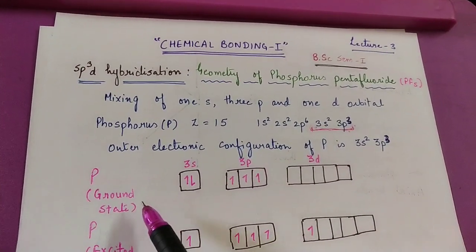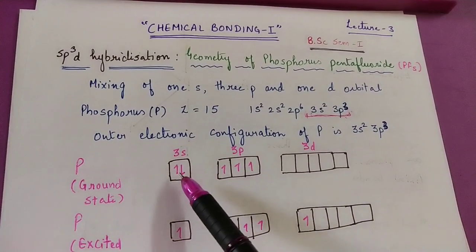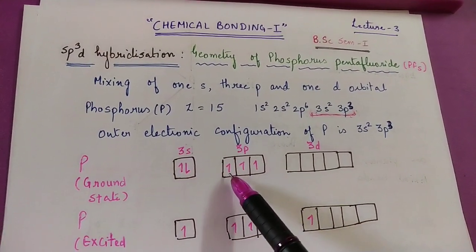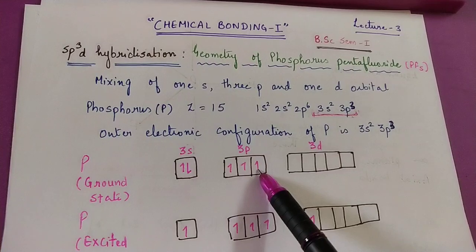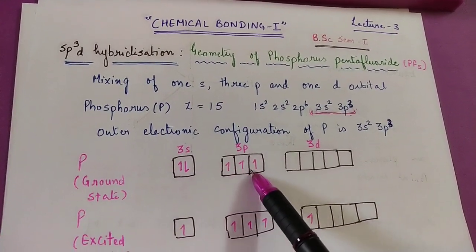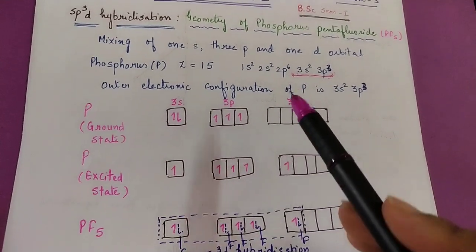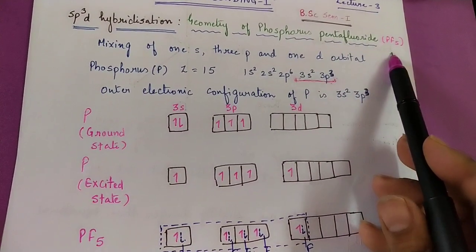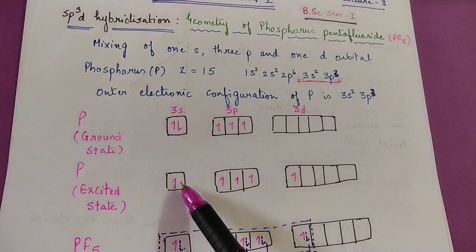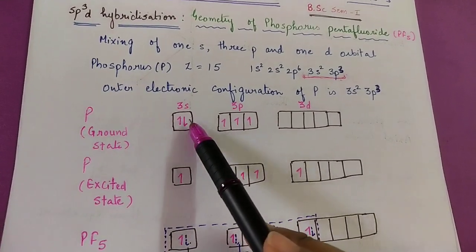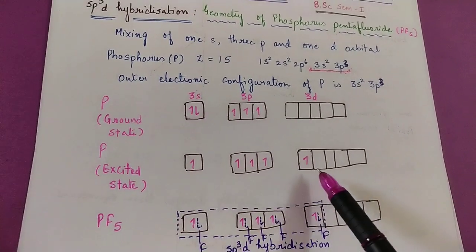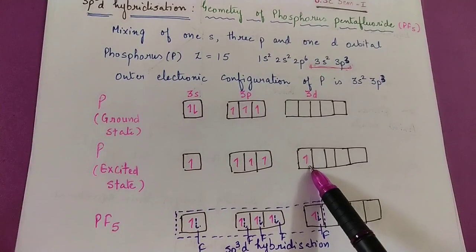It means in the ground state phosphorus has a filled 3s orbital and 3 electrons in the 3p, 1 in each orbital. In the excited state, because there are 5 fluorine atoms that have to combine, 1 electron from the 3s orbital will unpair and be promoted to the 3d orbitals.